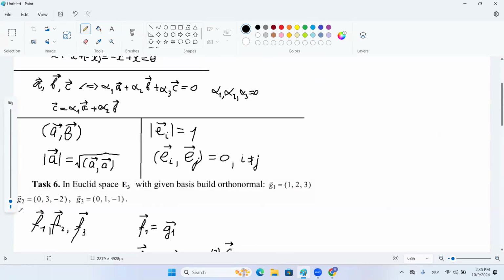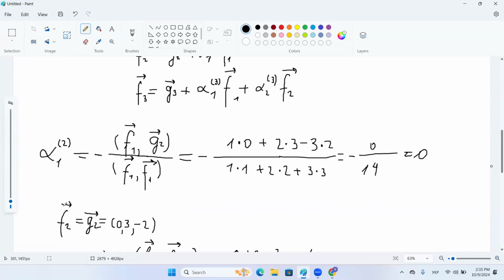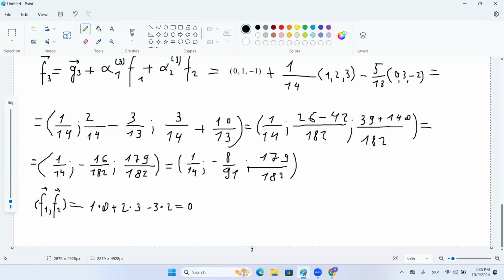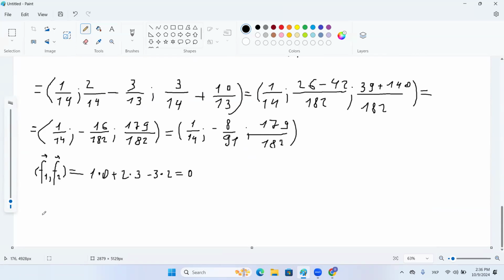And now let's do the same for f2, f3. Of course, we need to do it as well for f1, f3, but we don't have enough time.